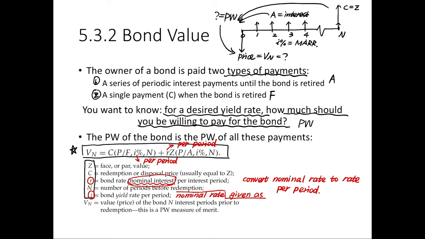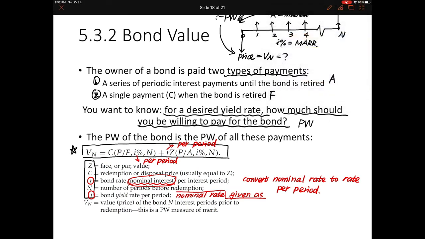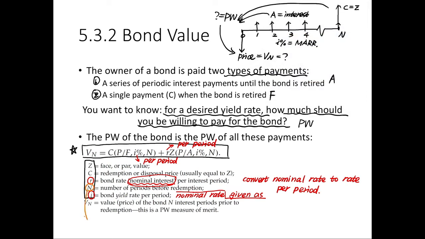And another one is the N, okay? Usually the bond will tell you how many years it's going to be retired. But because it's compounded, not yearly, maybe quarterly, you have to know the number of periods instead of the number of years. So it's the number of periods, not the number of years. Of course, if it's compounded yearly, it's the number of years.